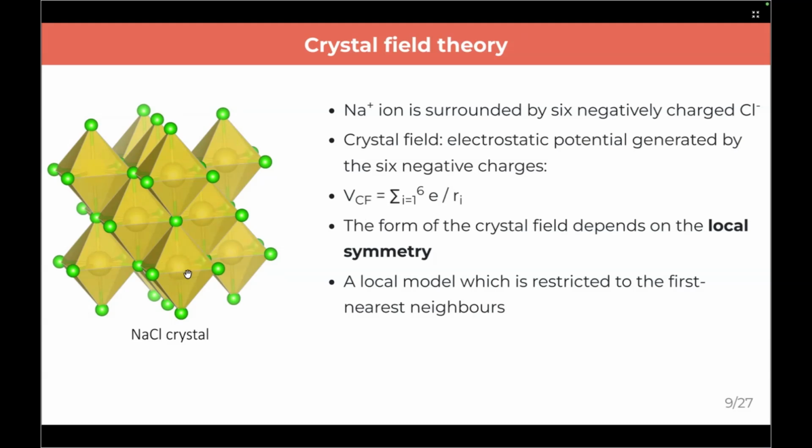Basically, if you look at this octahedron, which I highlighted using the yellow color here, the sodium atom is surrounded by these six negative charges, and depending on their coordination relation, the field will have a different distribution, which is governed by the local symmetry. But later I will give a more detailed description of this aspect.